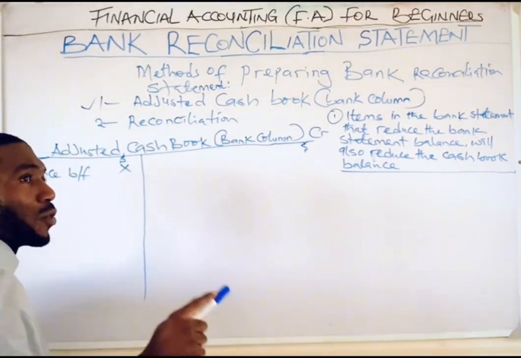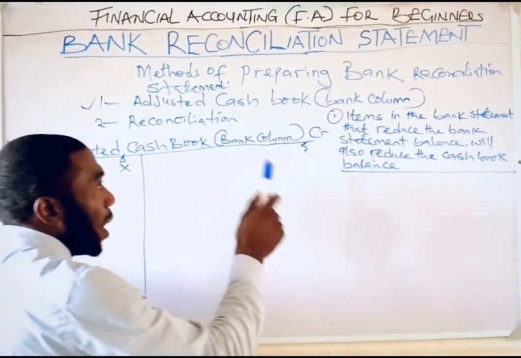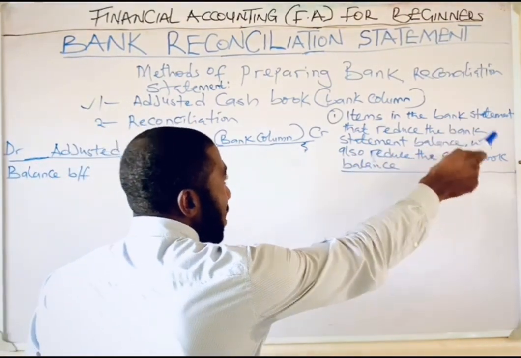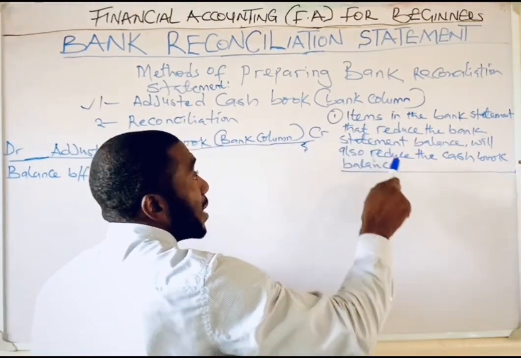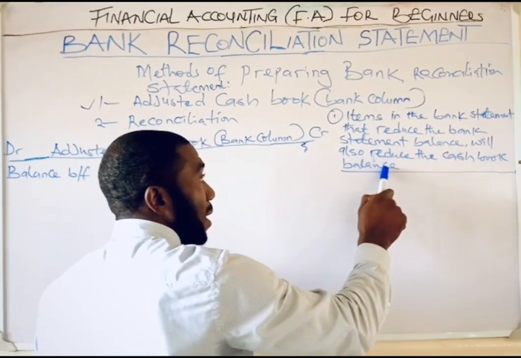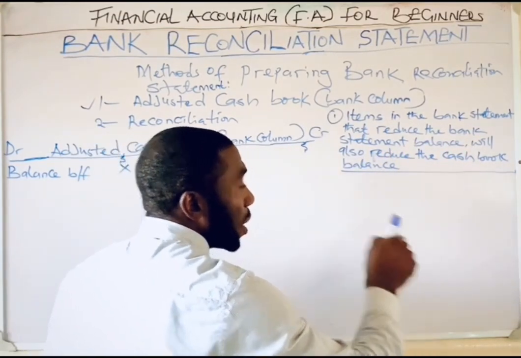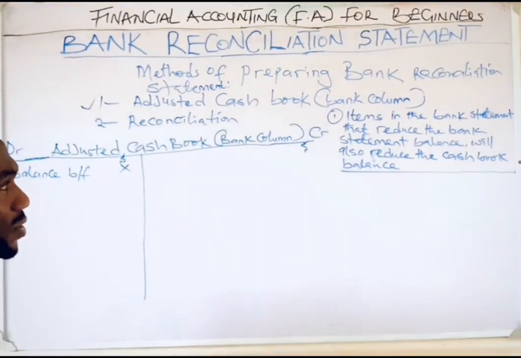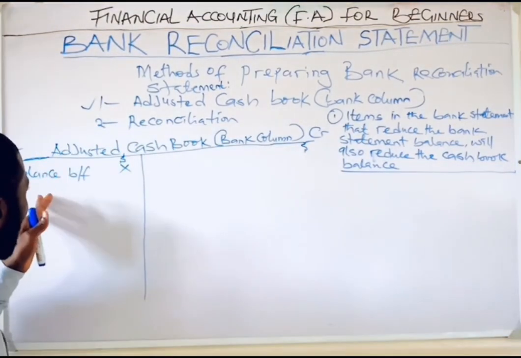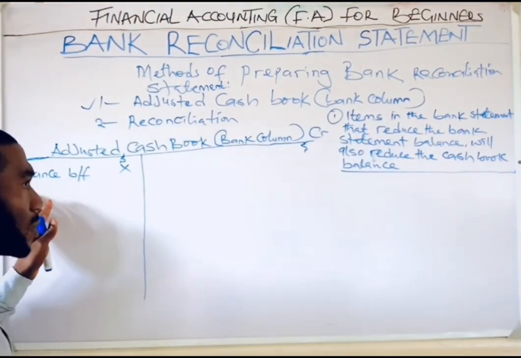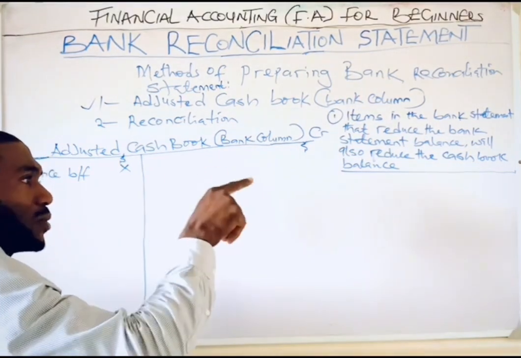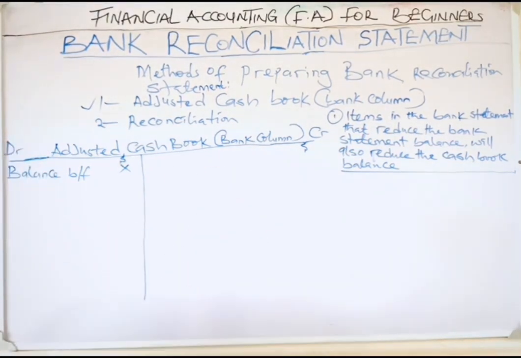The items are grouped into two. One, items in the bank statement that reduce the bank statement balance will also reduce the cash book balance, because the relationship between the balance of the cash book and the balance of the account in the bank, or the bank statement, is a positive relationship.